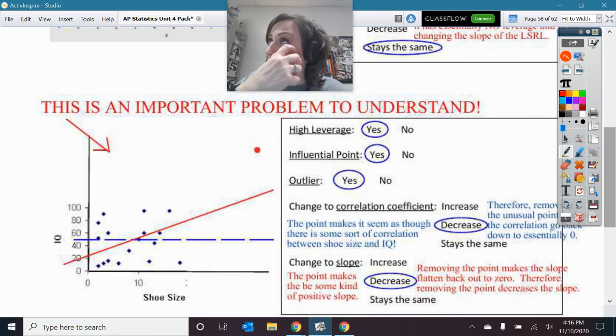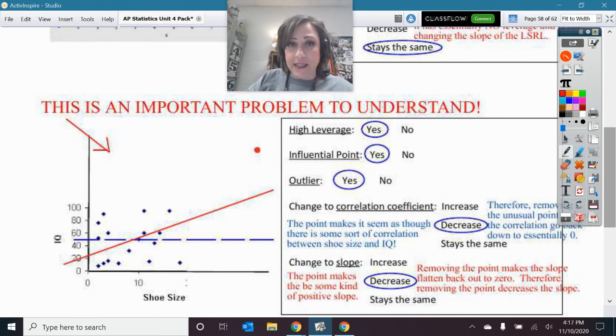So, look here. The interesting thing here is that this point is actually increasing the correlation. If I had been able to show you the computer simulations, I would show you how that makes it seem as though there is a correlation when there really is not. So that point is strengthening it.